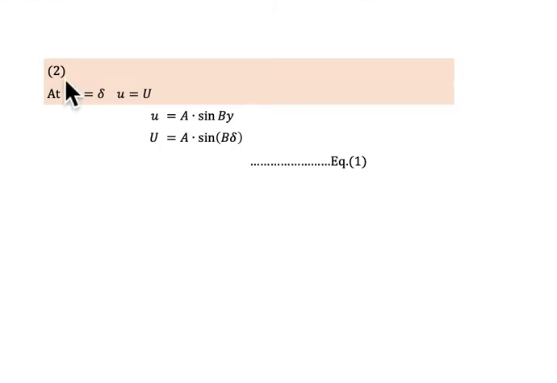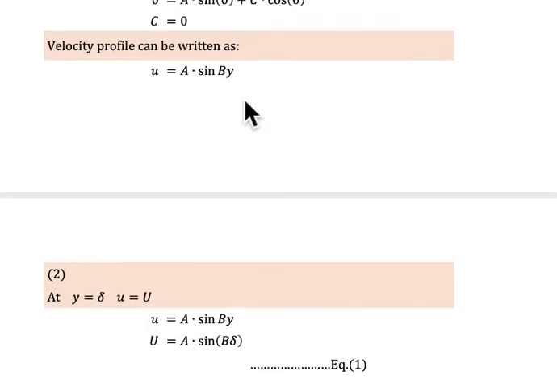At point number 2, y is equal to delta and small u is equal to capital U. We substitute the values into this equation, and we get capital U equal a sin b delta.